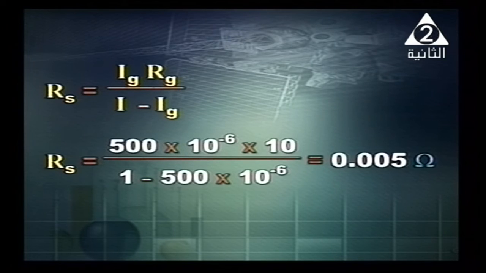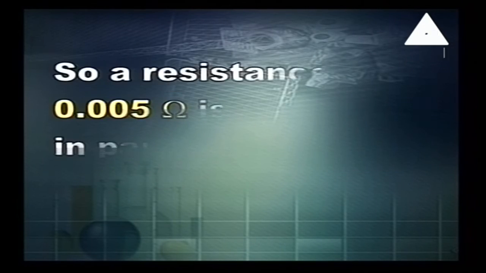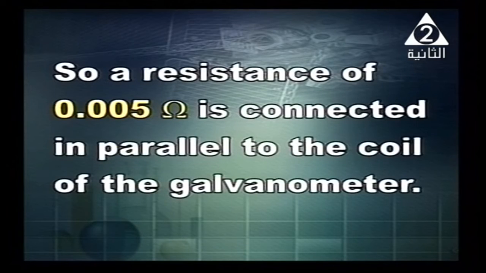So we have to add something very important here. We should mention the way the resistance should be connected to the coil of the galvanometer. So a resistance of 0.005 ohm is connected in parallel to the coil of the galvanometer. The second part of the problem: we wanted to measure voltage, so we want to convert it into a voltmeter. We'll use the formula of the multiplier.